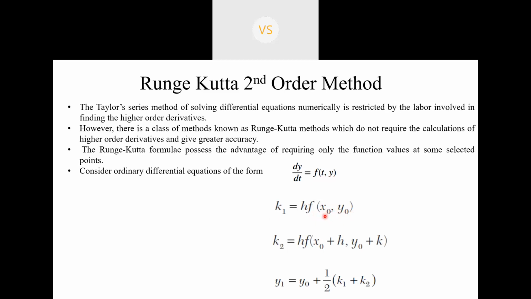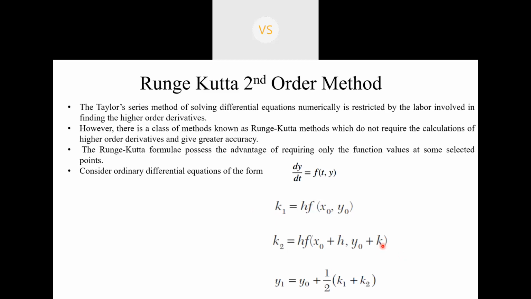After getting the value of k1, we'll find the value of k2. So k2 is h into function, where instead of x we take x0 plus h, and instead of y we take y0 plus k1.